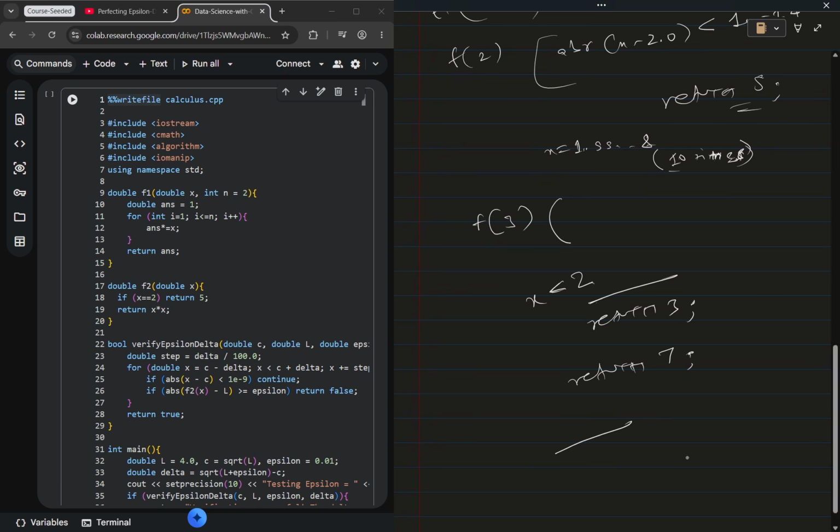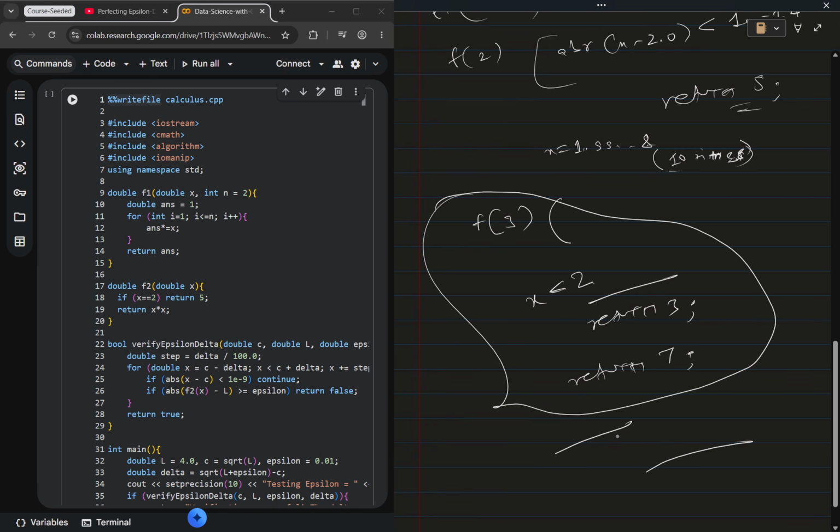So basically these are two constant functions. We just combine them in a single function, which are like this 3 and 7. So okay, sorry, this has to be 3 and this has to be 7. So for x less than 2, we have this 3, and for x greater than or equal to 2, we have this 7.